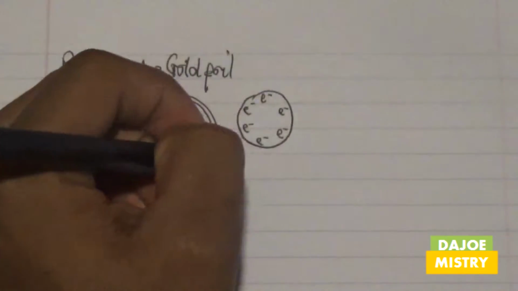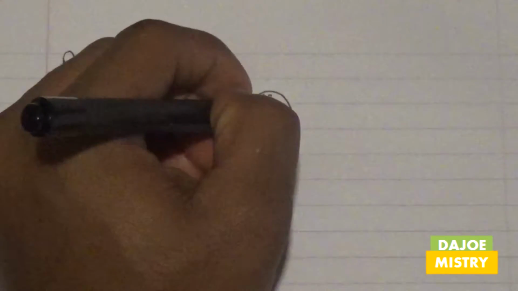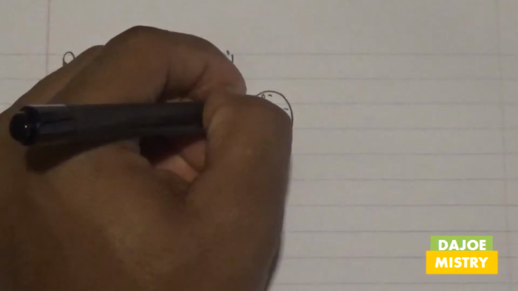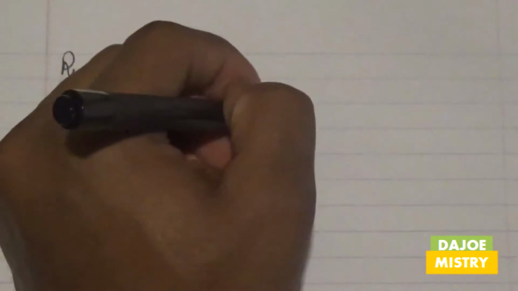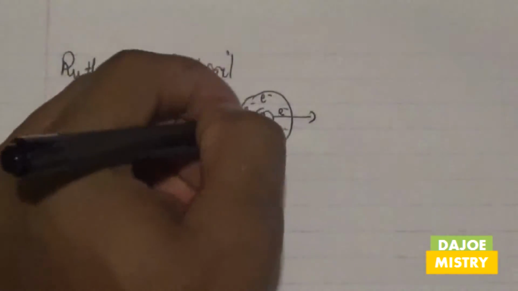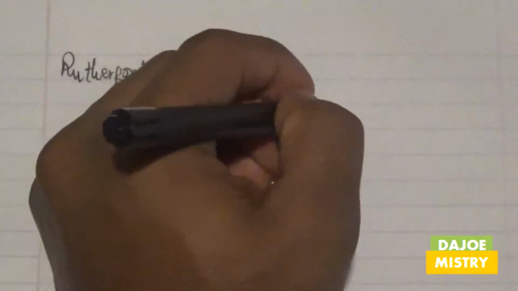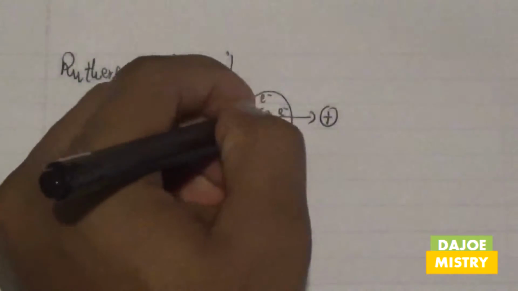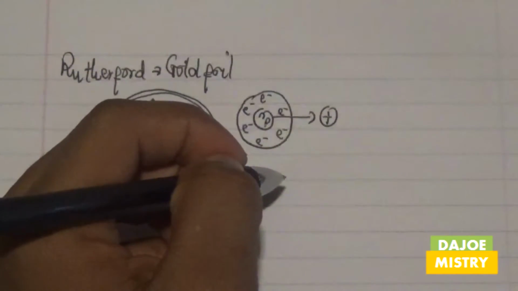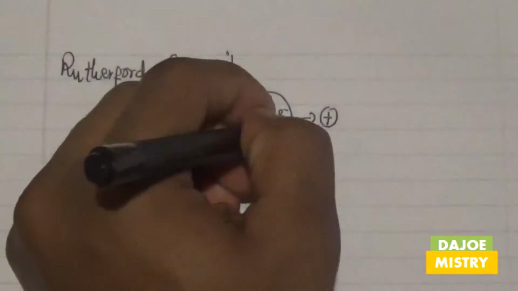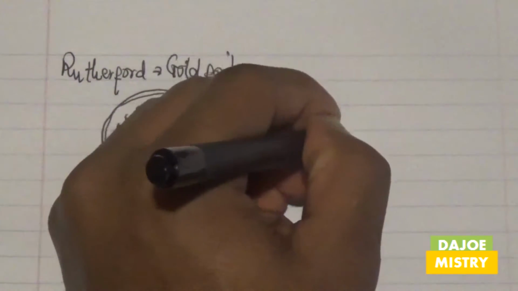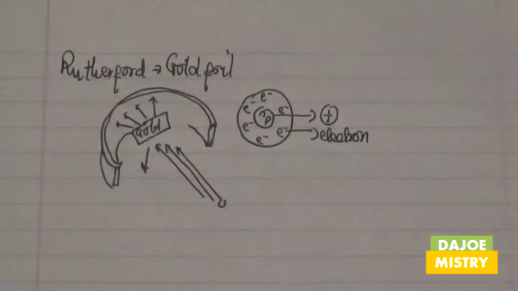And these electrons are all surrounding the nucleus, which consists of the neutron and also the proton. This position in the nucleus is known to be positively charged. However, the sea of electrons is negatively charged.